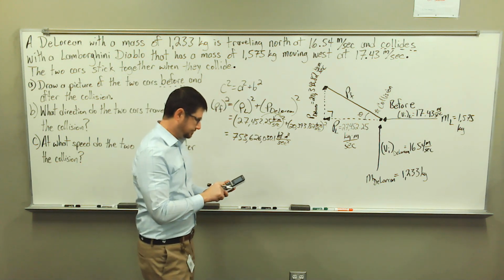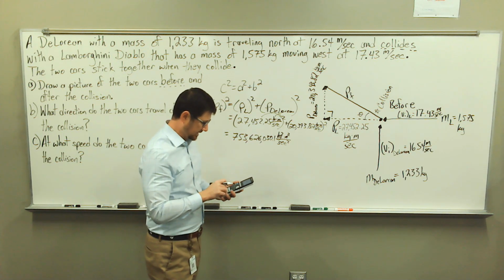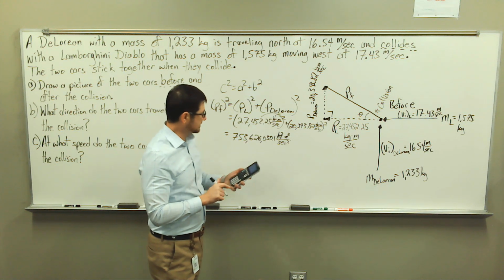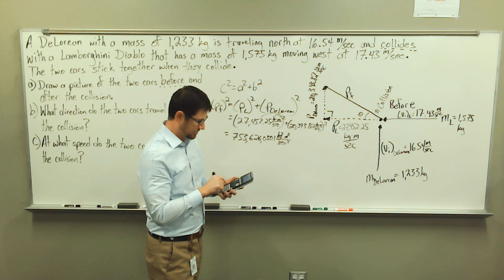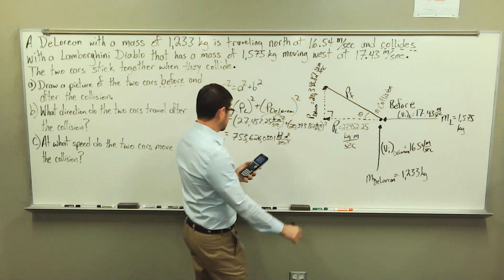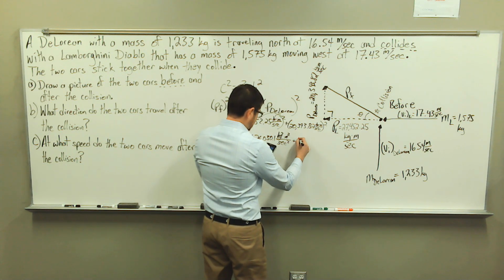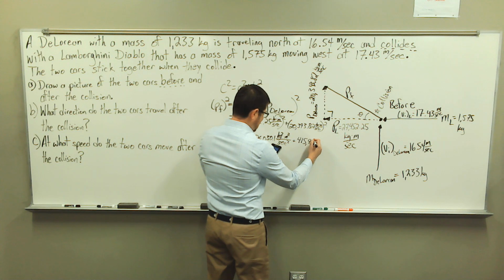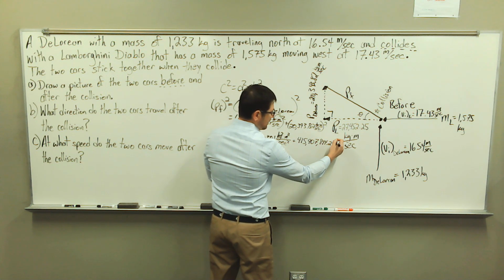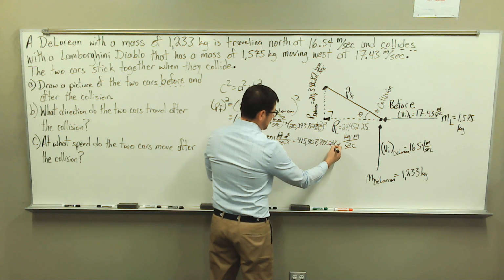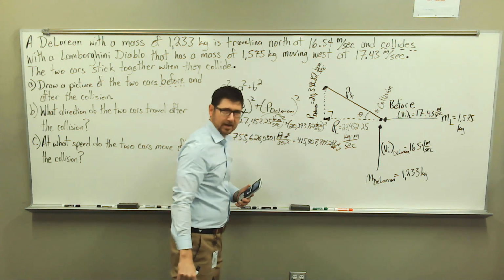So, moving on, we need to square the momentum of the DeLorean. I've got 20,393.82, this value squared. This is going to give me 415,907,894.2 kilograms squared meters squared per second squared. Okay?